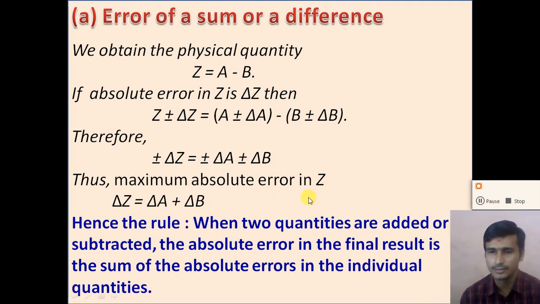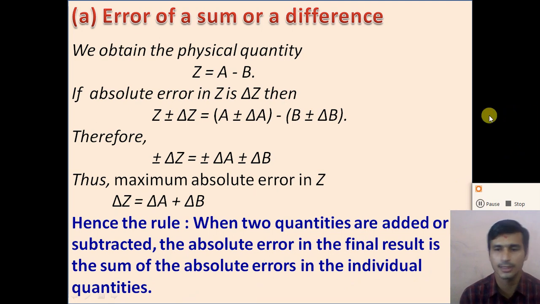So hence we make one rule for the error in sum or difference. The common rule for the error in sum and difference of the two physical quantities: when the two physical quantities are added or subtracted, the maximum absolute error in the final result is the sum of the absolute errors in the individual physical quantities.